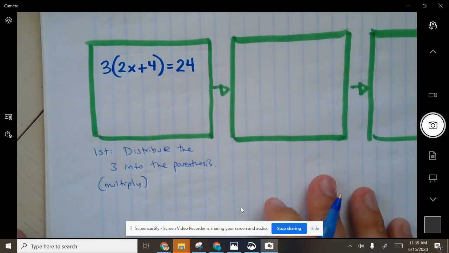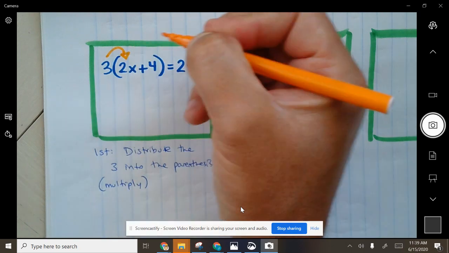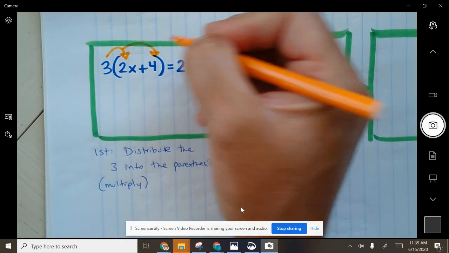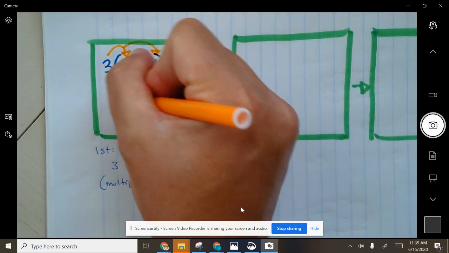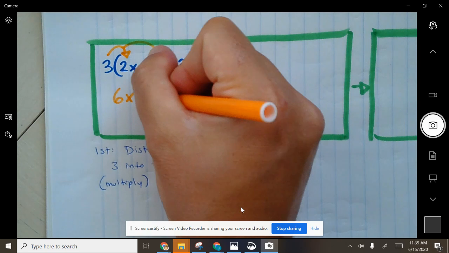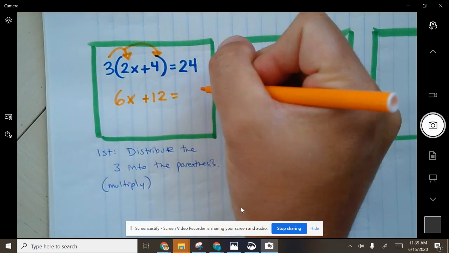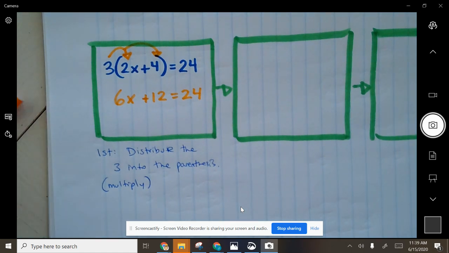So you're going to multiply everything in there, okay? So you're going to take this 3, multiply it times the 2x and the 4. 3 times 2x, 6x. 3 times 4. And what does it all equal? 24. Okay? That's your first step.